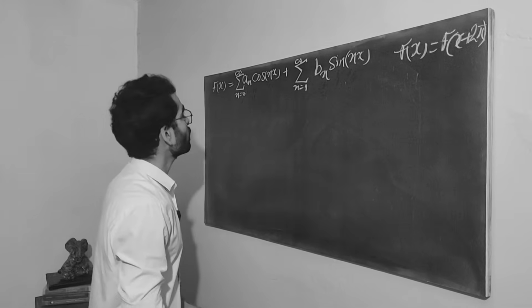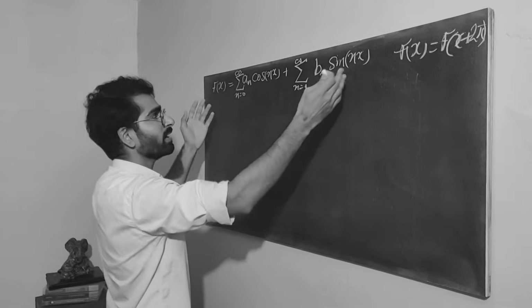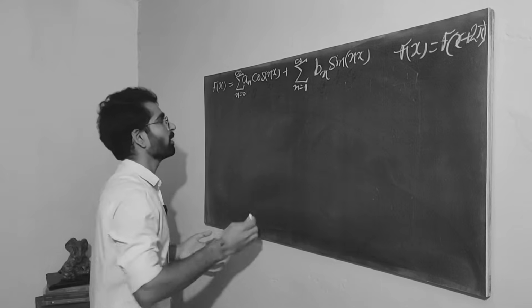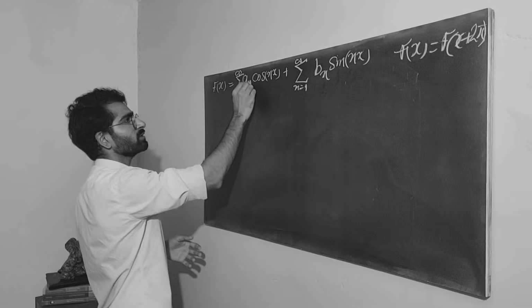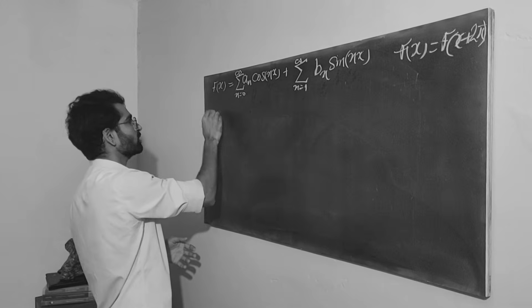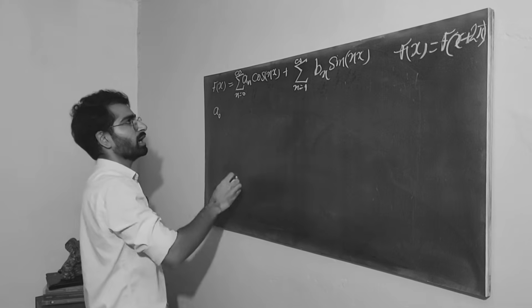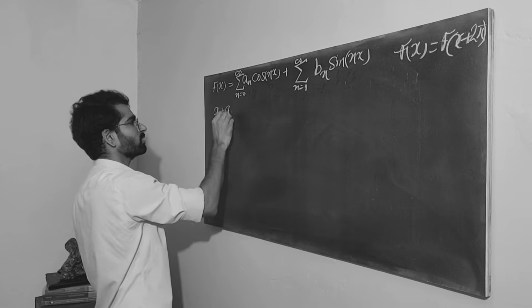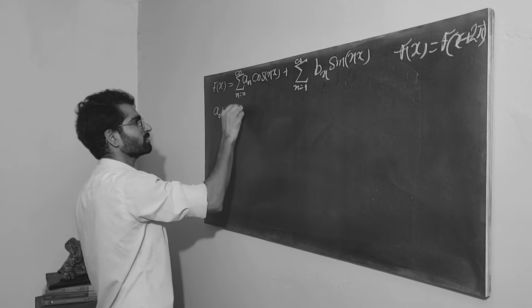And now I'm going to write this summation in its full form. When I put n equals 0, you get a0, and now put n equals 1, you get a1 times cosine of x.